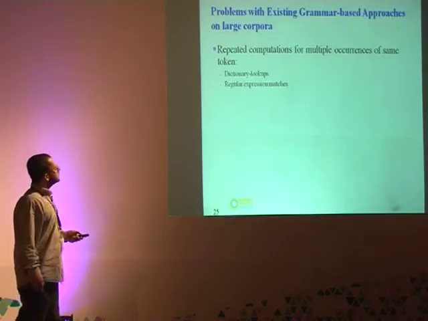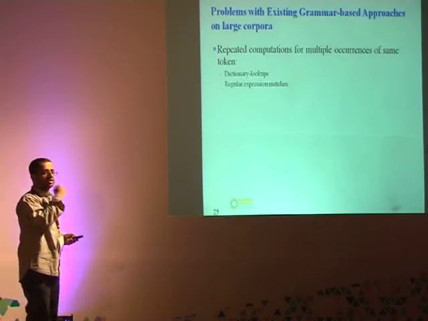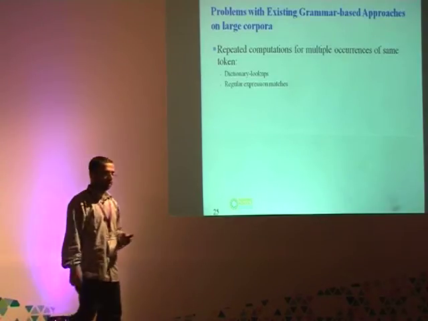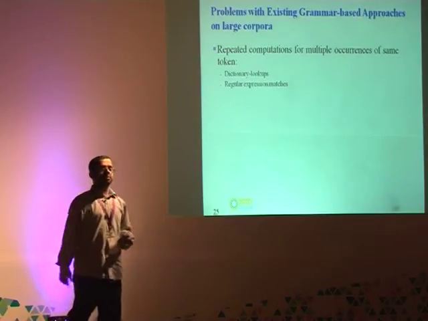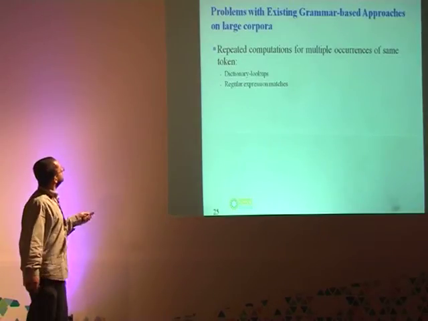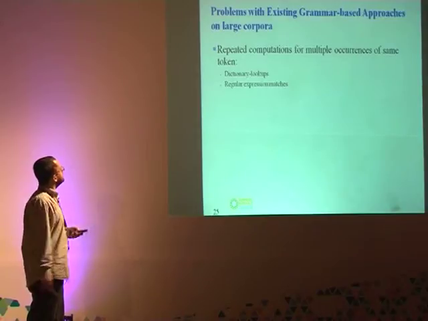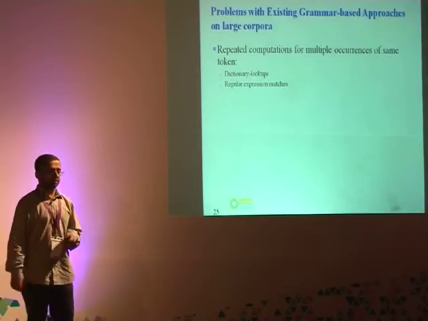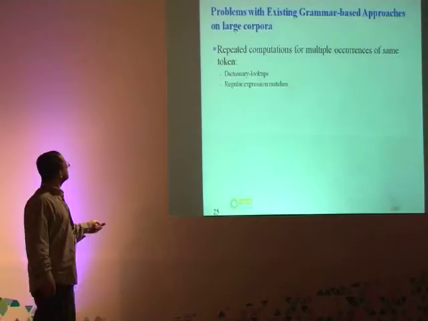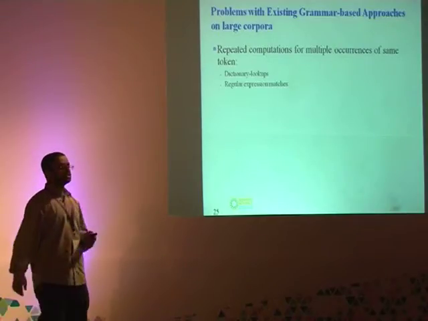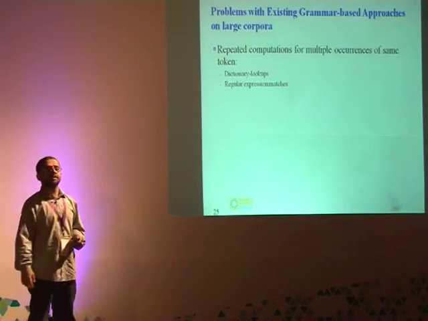So there's a problem with these existing approaches, for which we discussed some solutions that have been proposed in literature. And what are the problems? One thing that happens is repeated computation for multiple occurrences of the same token. So for example, dictionary lookup: every instance of co in the corpus will need a lookup.